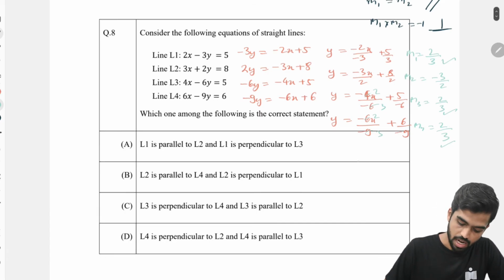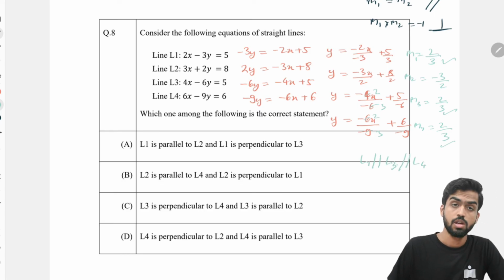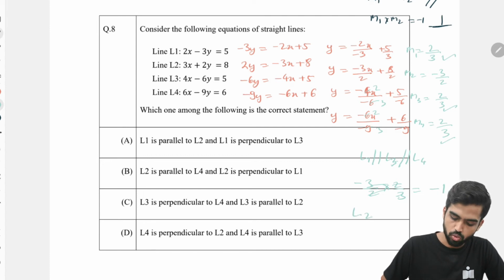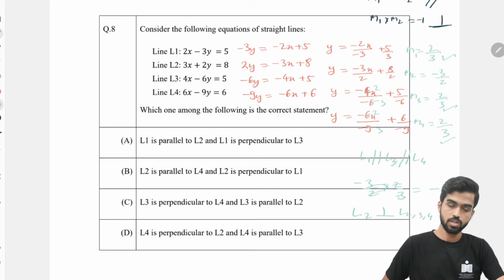That means line L1 is parallel to line L3 and to line L4. But the slope m2 of line 2 is -3/2, and -3/2 multiplied by the slope of any other line, which is 2/3, will give us -1. So that means L2 is perpendicular to all three lines, L1, L3 and L4.